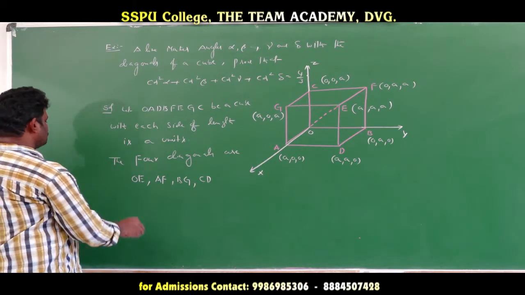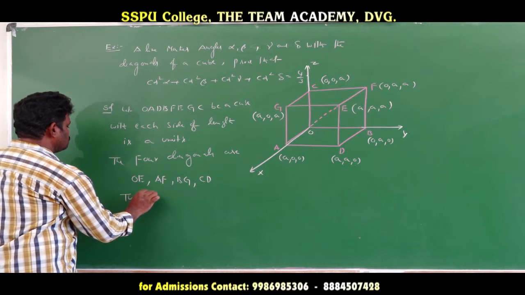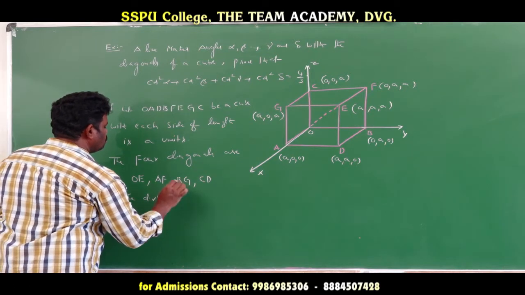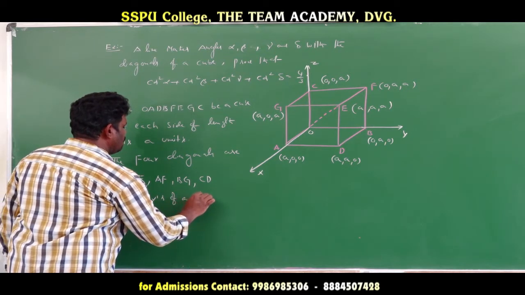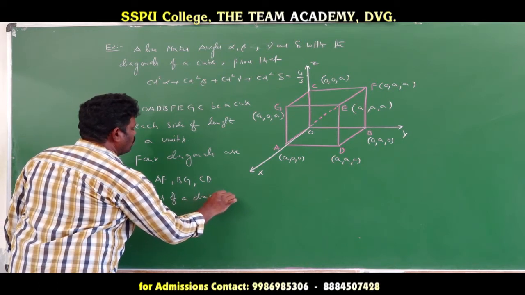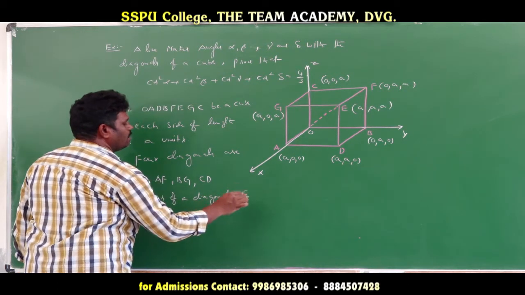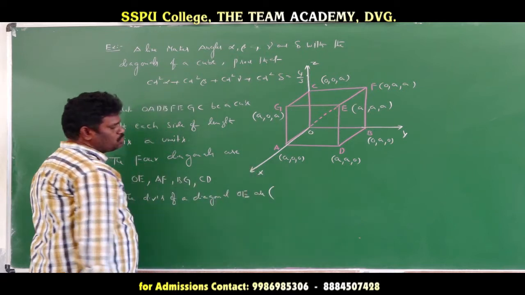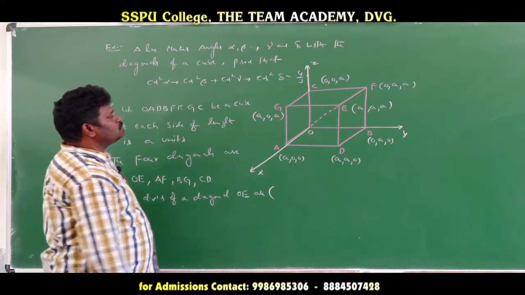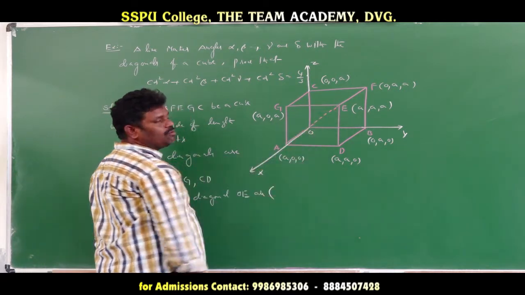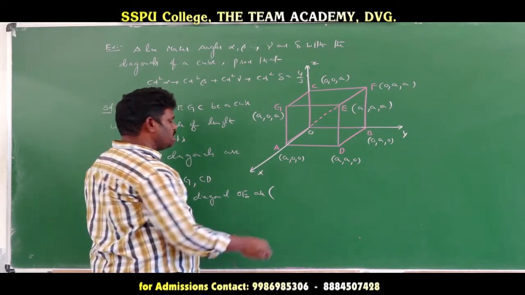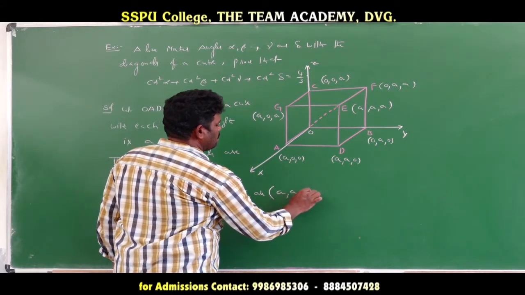Now first we find the direction ratios of diagonal OE. The direction ratios of OE are a minus 0, a minus 0, a minus 0, so a comma a comma a.